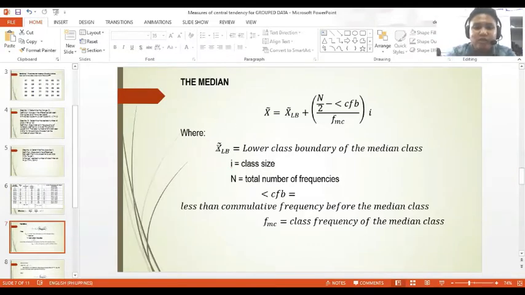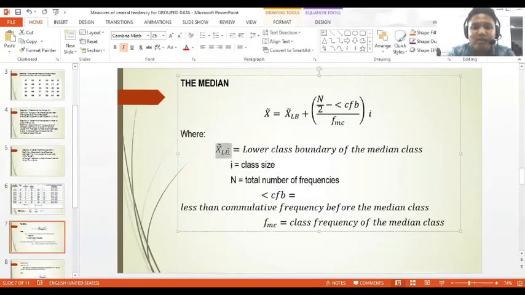Yung kanina din sa una na part, ang pagbasa niyan is lower class boundary of the median class. Tapos yung i is the class size, ang N natin is the total number of frequencies, at yung less than CFB is less than cumulative frequency before the median class. And f sub MC is the class frequency of the median class. So yun yung gagamitin natin na formula dito.